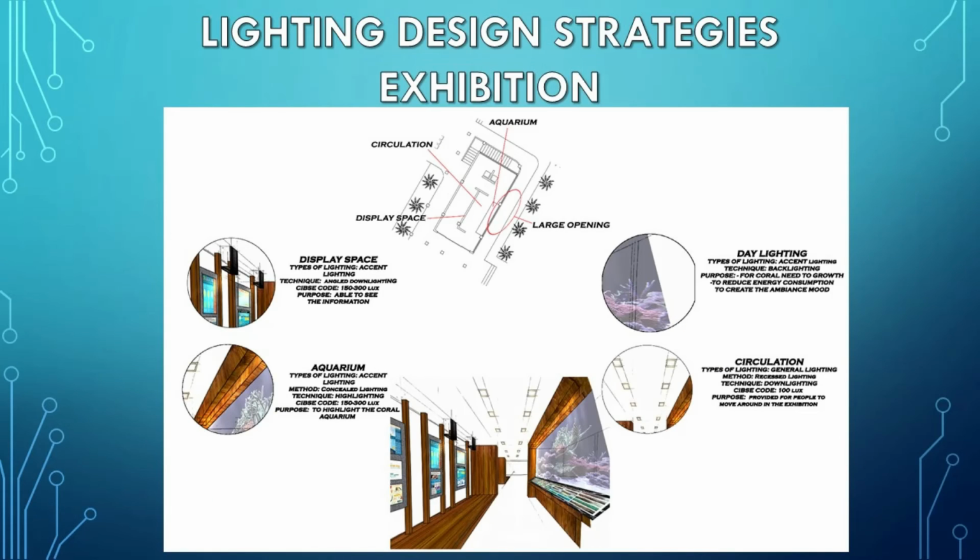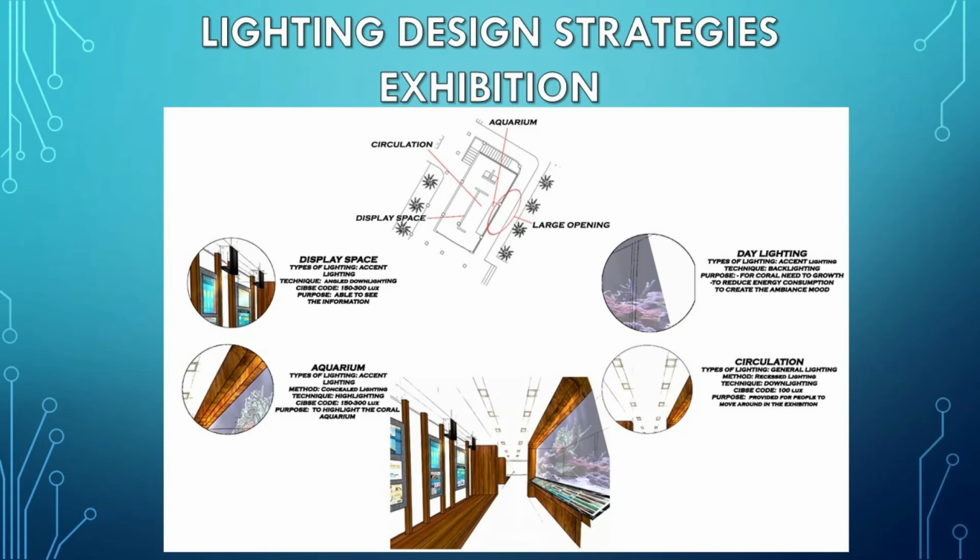For the exhibition hall, there are 3 parts that need lighting, which are the space for display, the circulation area, and also the aquarium. The display space is lit using an angled down lighting technique. It requires 115 to 300 lux to be able to see the information at the display area.